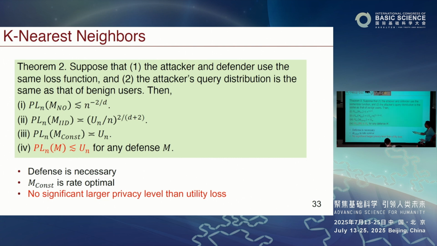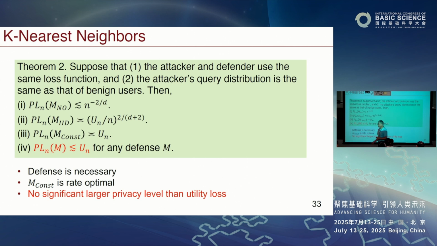And then for IID noising, okay, you see we have a U_n in the picture. Okay, so it's better compared to no defense. And if we have the constant noising, then that's exactly the same order as the utility loss. That's not surprising, right? And in this case, it turns out for the nearest neighbor learning algorithm, the privacy level cannot be larger than the utility loss. So that's a relatively discouraging message, right?